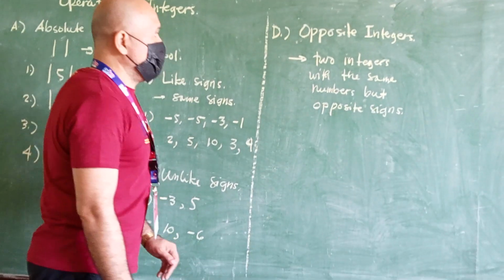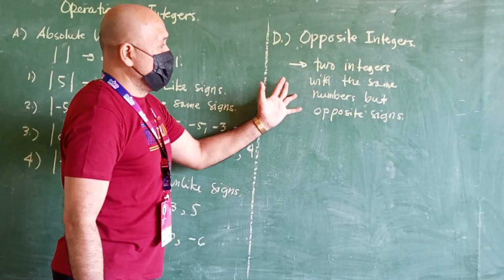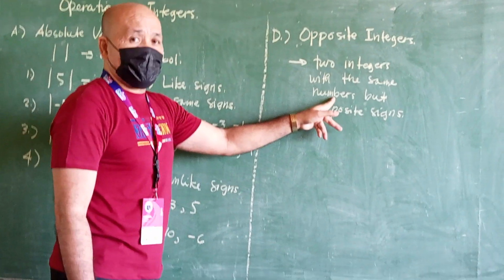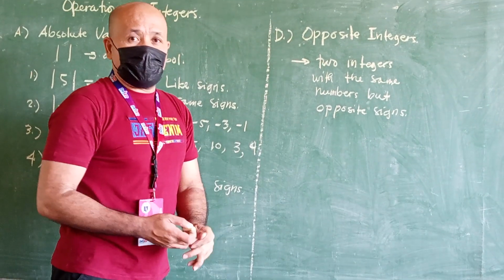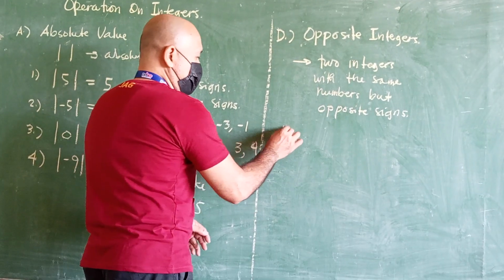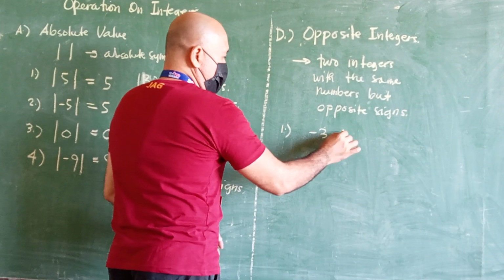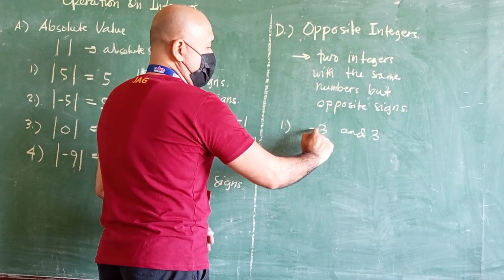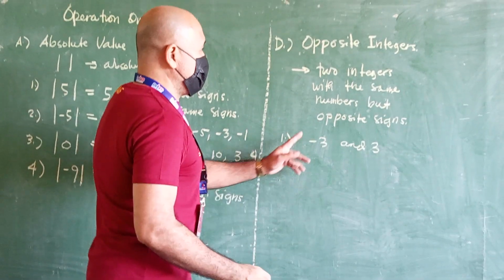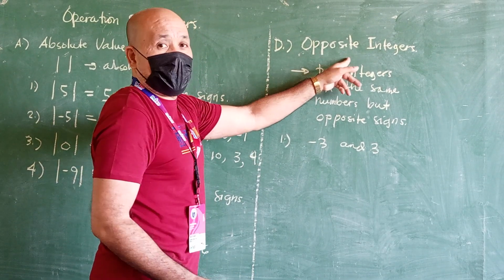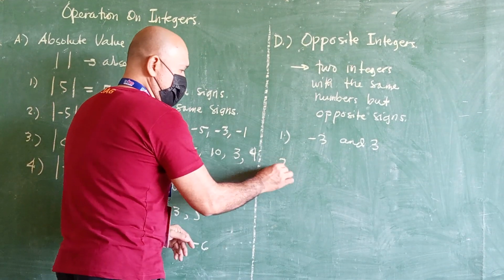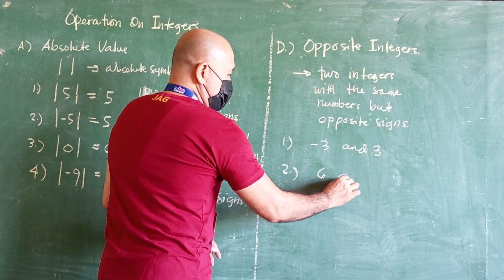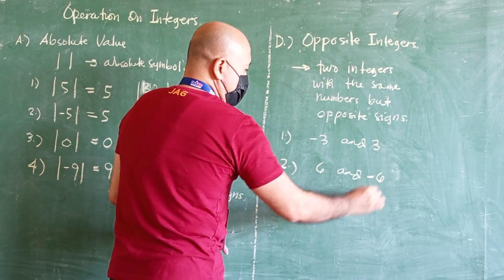When we talk about opposite integers, all you have to remember is that these are two integers with the same numbers, but opposite in signs. For example, we have negative 3 and positive 3. The same numbers, but their signs are opposite, so we consider this as opposite integers. Another one, we will have positive 6 and negative 6.